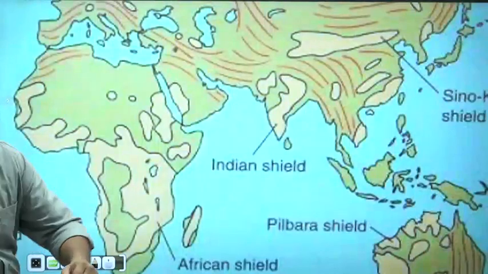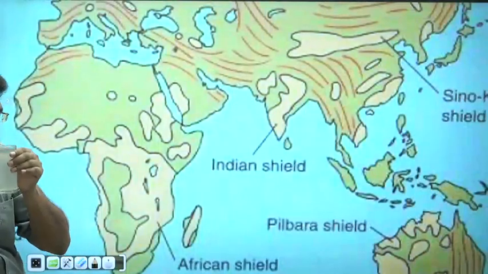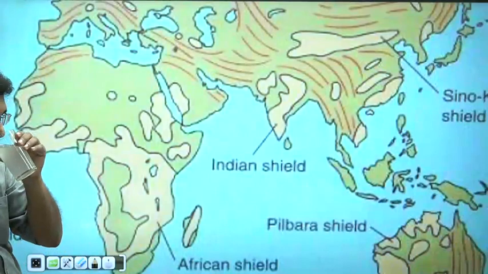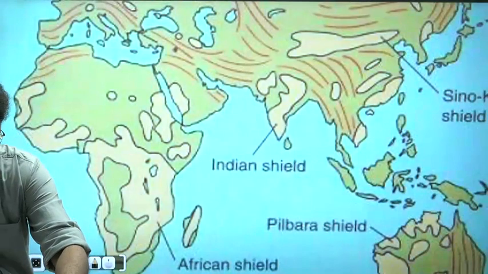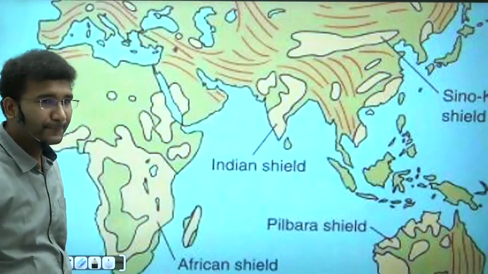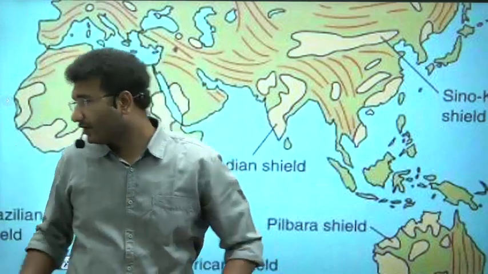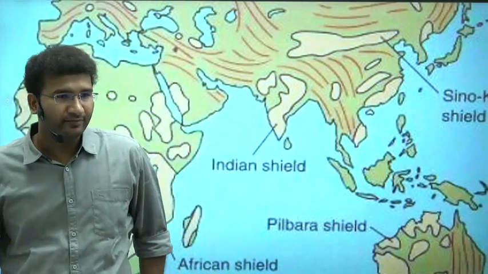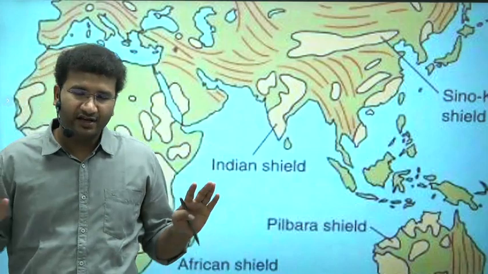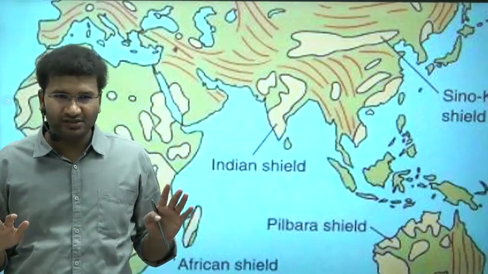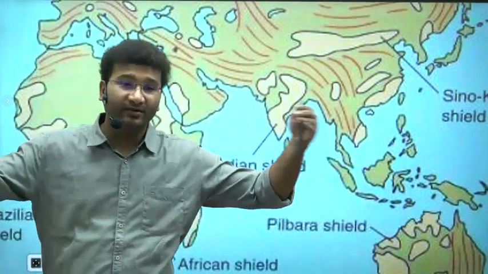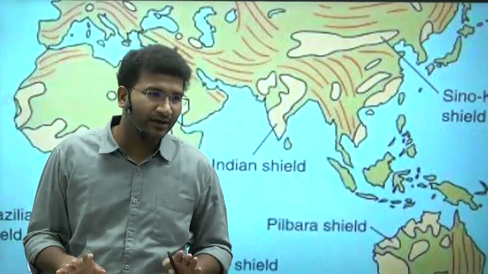That means this is the original landmass of India. Coal has no role on the shields. Okay? Shield and platforms are the original land masses. Upon that, depositions can come. River can come and deposit.